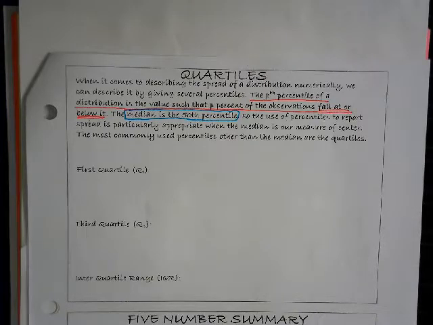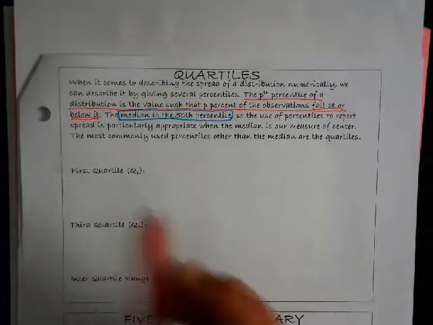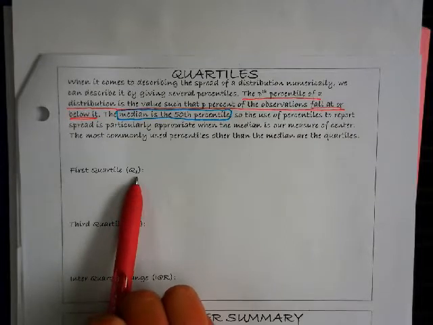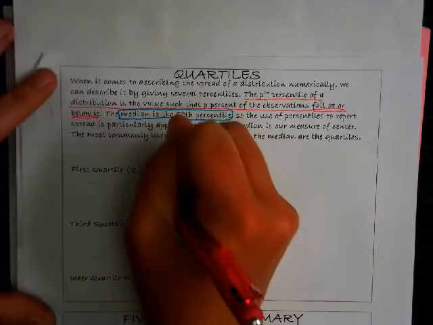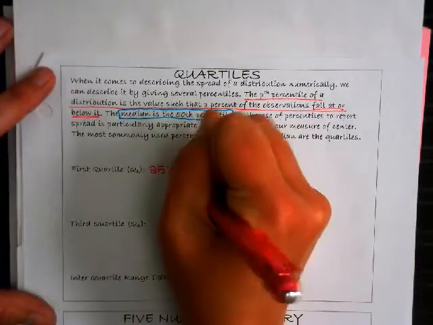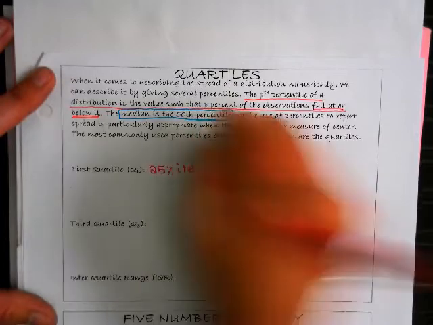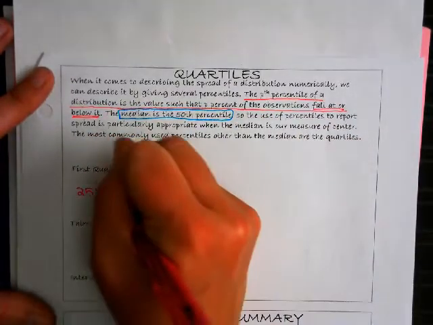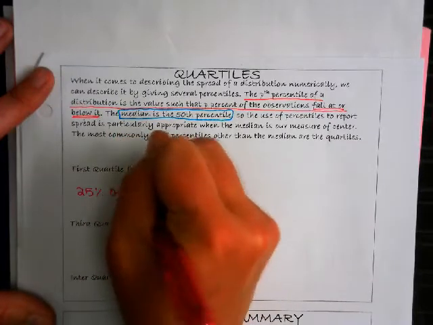So the first quartile, which we use the notation capital Q with a subscript of 1, is the 25th percentile. 25% of the data fall at or below Q1.